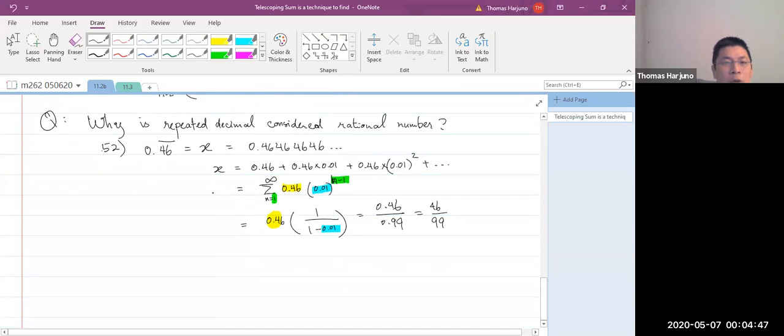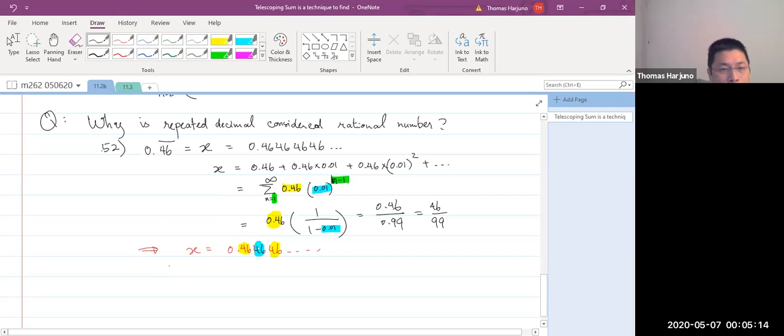But if you actually see even more, let me offer you another way to look at that problem. x equals 0.464646 all the way. Now it repeats every two numbers. So let me multiply by 100 instead.